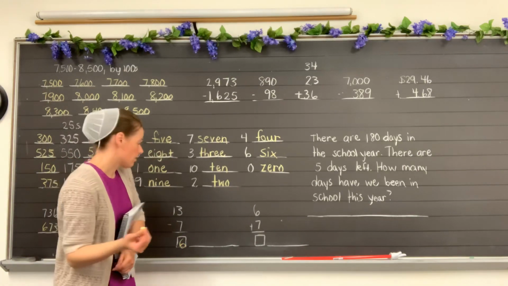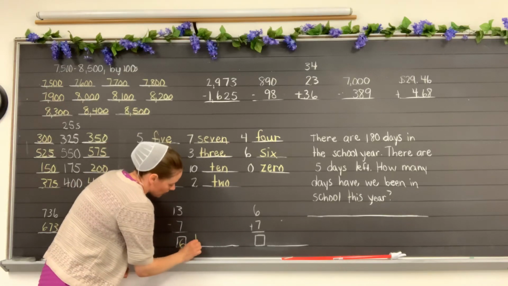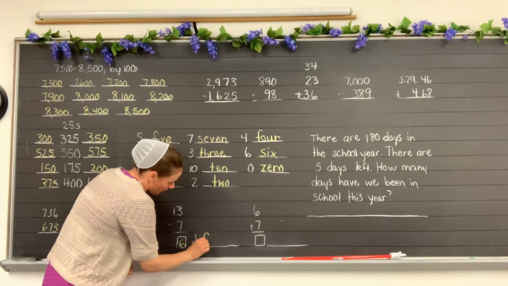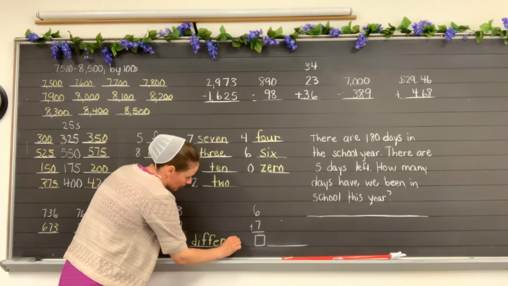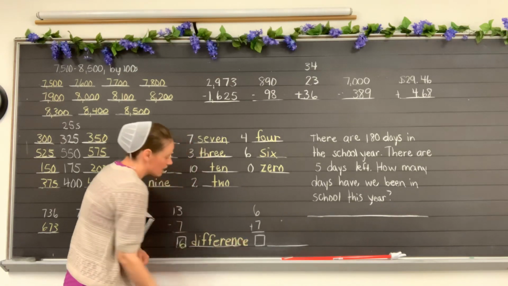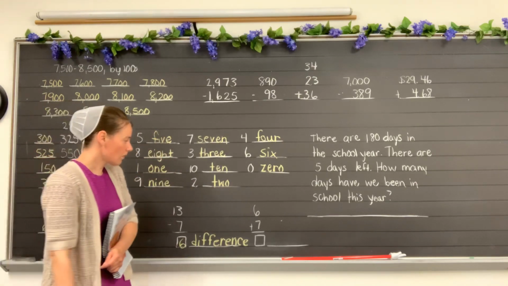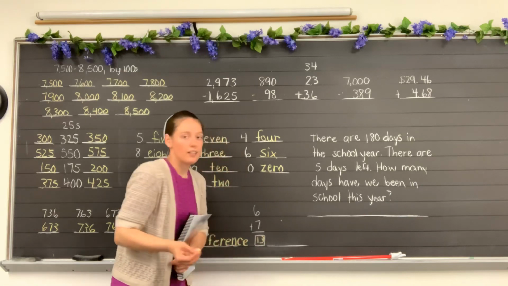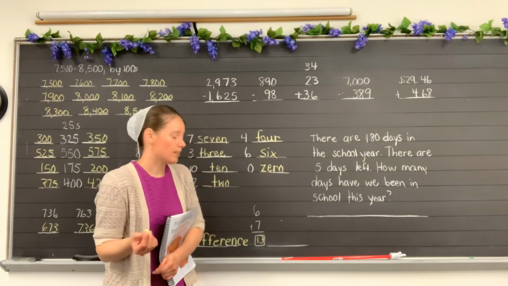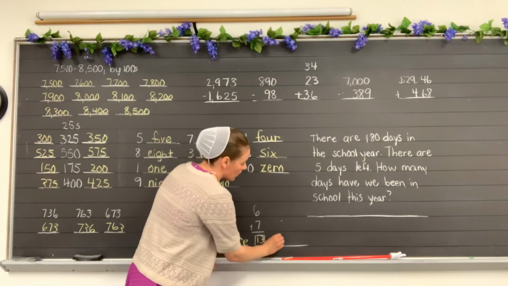Because difference is for subtraction. So difference is spelled D-I-F-F-E-R-E-N-C-E, difference. 6 plus 7 is 13, and since you have a plus, then sum is the label for the answer.